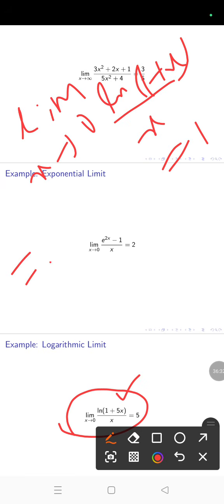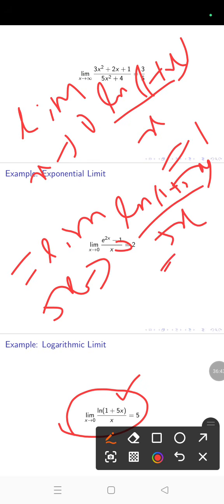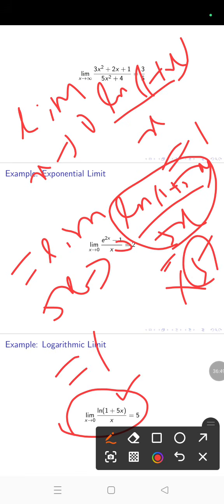You can adjust like this: limit 5x tends to 0, ln 1 plus 5x divided by 5x, and we have to multiply by 5. Now that limit is equal to 1 and 5 is constant, so 1 into 5 is equal to 5. So this type of formula we can apply by adjusting the problem.